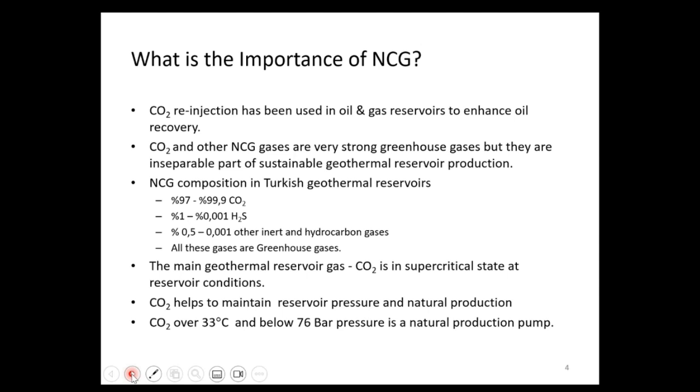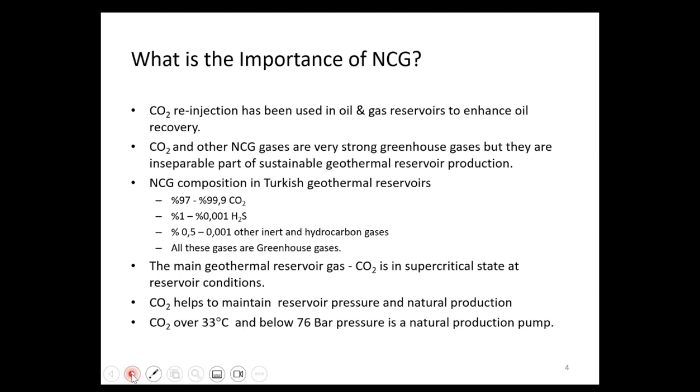After 33 degrees and after 76 bar pressure, it becomes a natural pump, since in reservoir conditions it is in a supercritical state. Supercritical state means its physical characteristic is like a fluid, but its chemical characteristic is a gas.